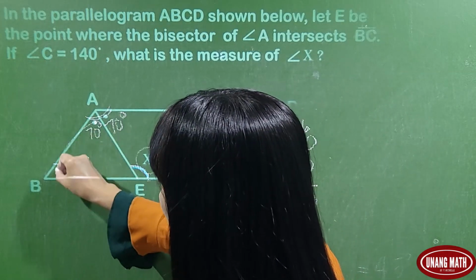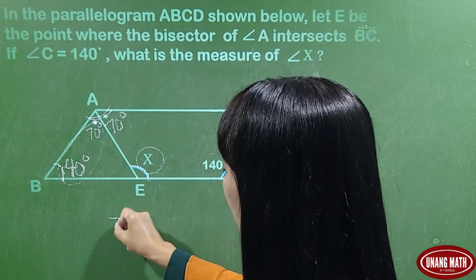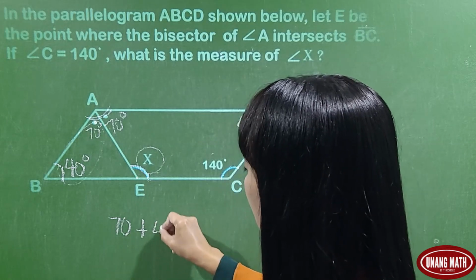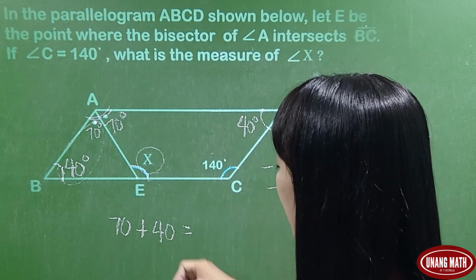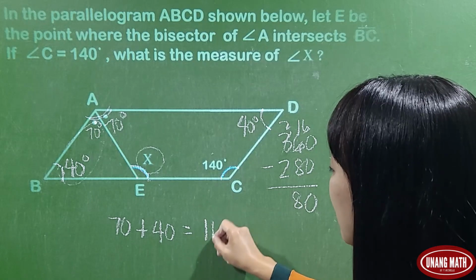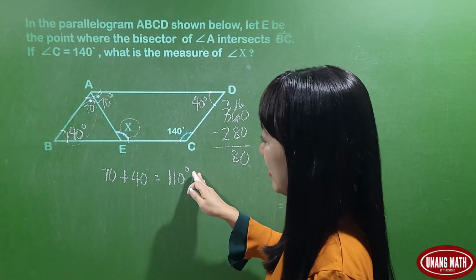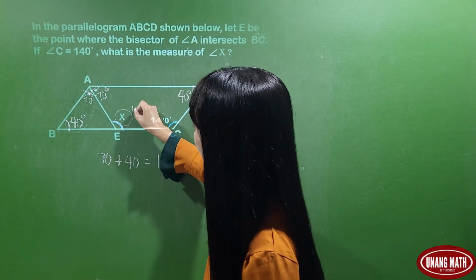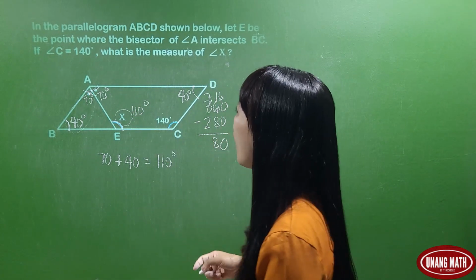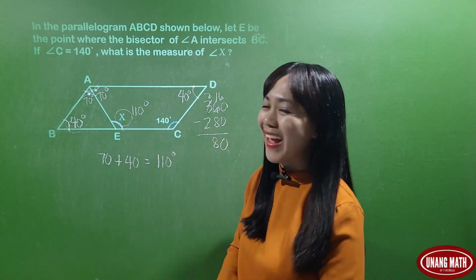So that means 70 plus 40. So angle X is 110 degrees.